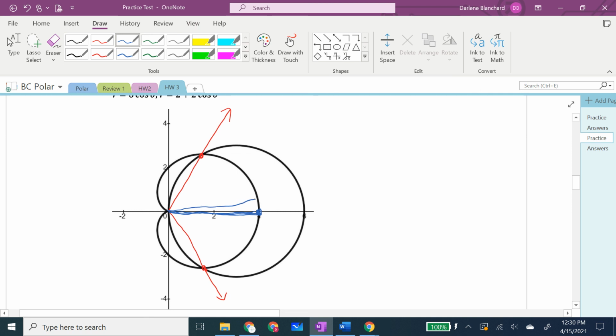As I turn to a positive angle, I can see the curve that needs to be followed at that time to be inside both. But when I hit that angle of intersection, it's going to change the function it follows, because now the one that is closer to the pole is that circle.